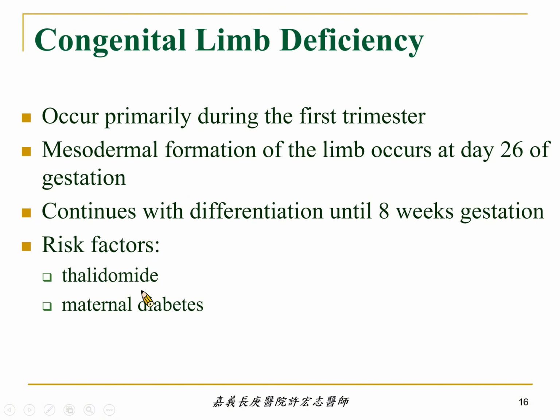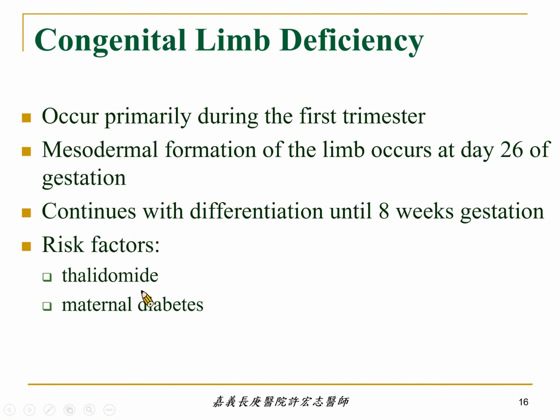Thalidomide is a medication which was often used in the early years, like the 50s, for pregnant women to stop their vomiting and nausea. And after the medication, many newborns came with limb deficiency.